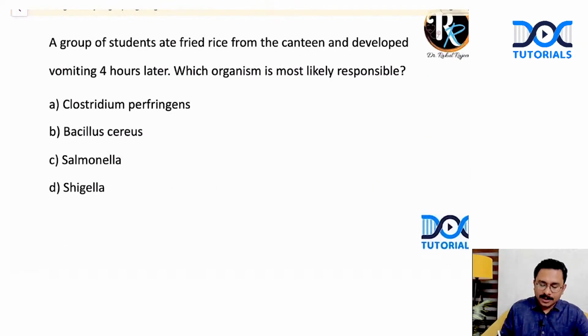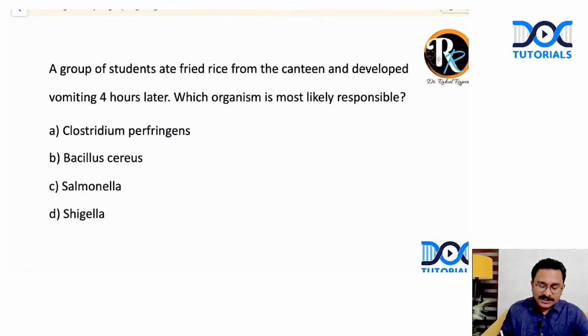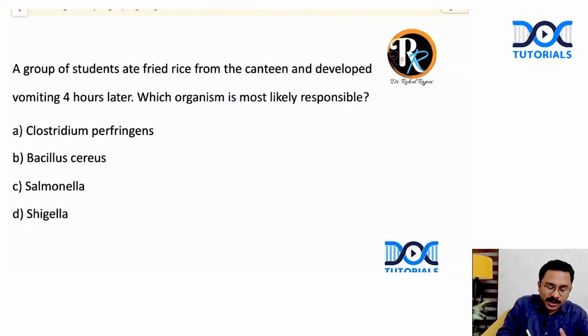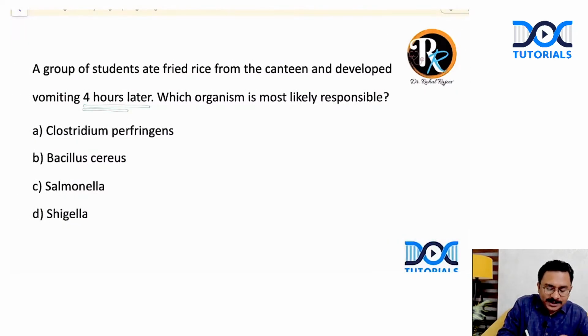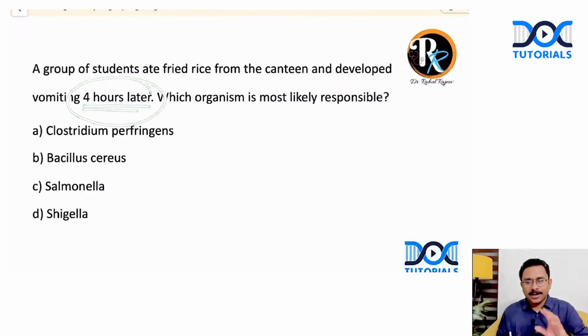Okay, right. Next, a group of friends ate fried rice from the canteen, developed vomiting 4 hours later. When the incubation period is very short, less than 6 hours, there are few organisms that you will consider like Bacillus cereus, Staph aureus, but when it is fried rice, you should always think about Bacillus cereus.